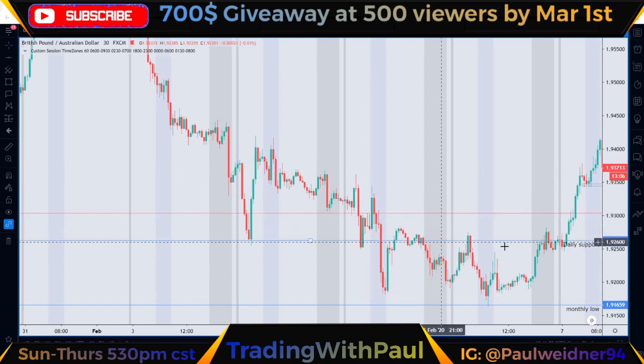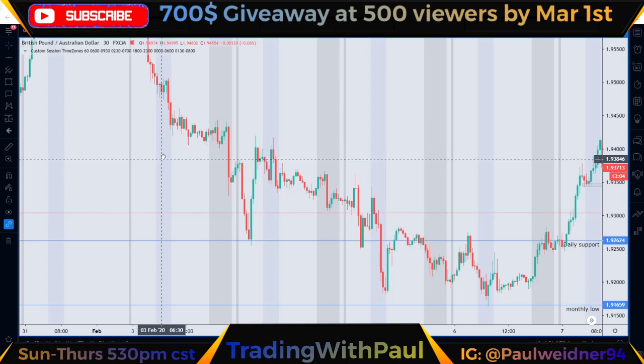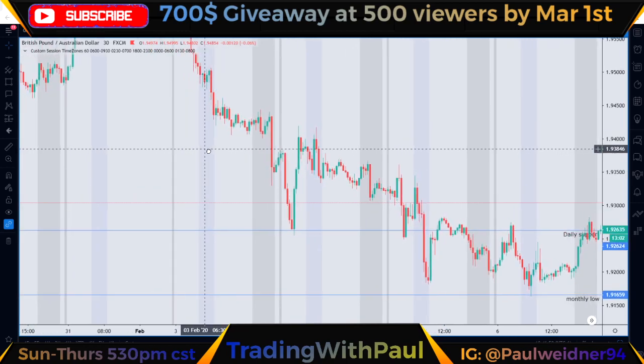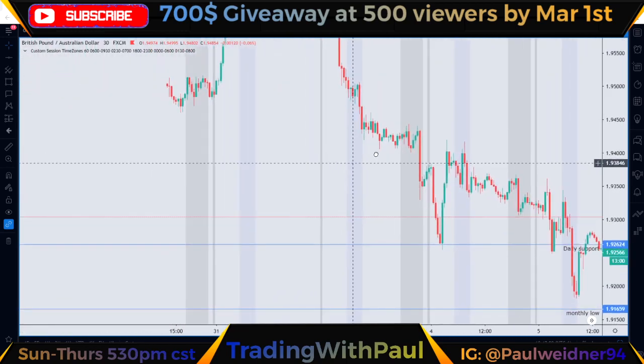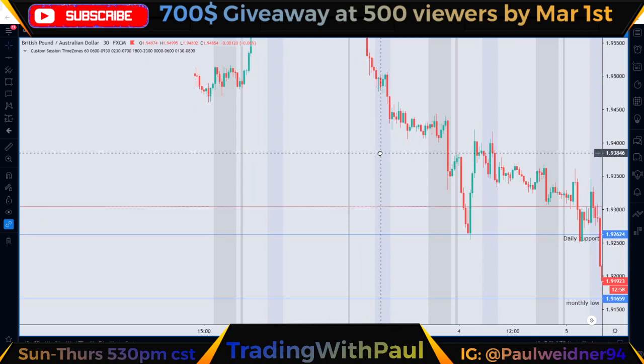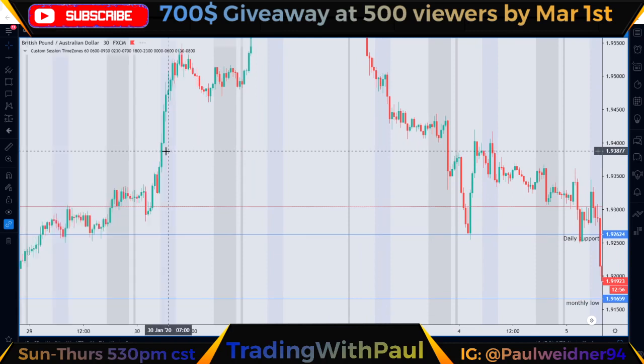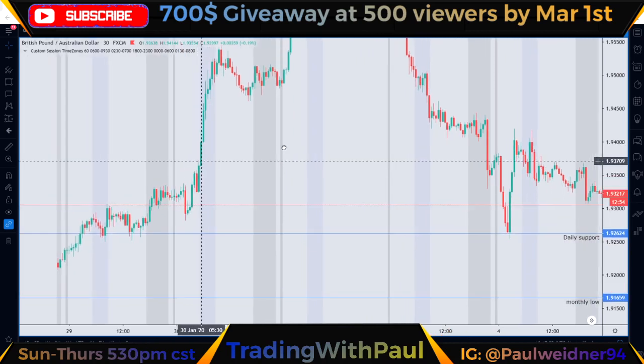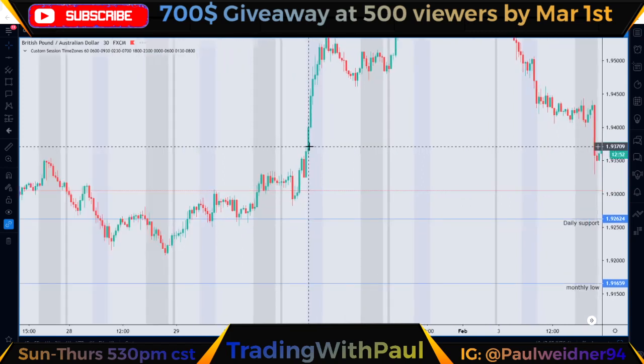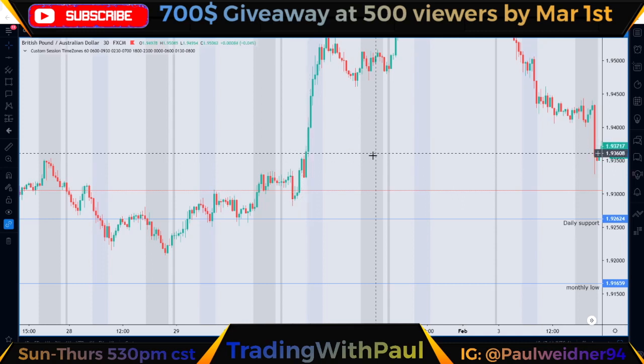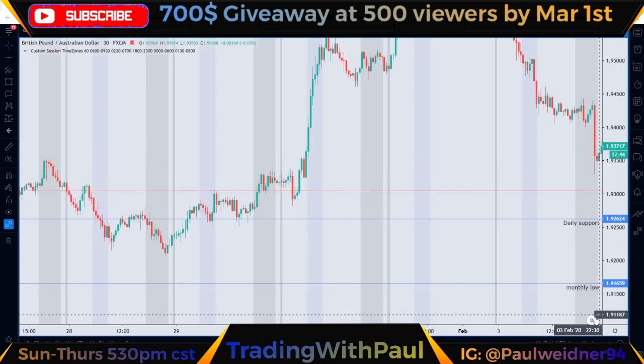Daily support, tapped it a bunch of times. Monthly low only hit about once. Yeah, this is interesting. Once I put the monthly low on, when you transfer that to the weekly and daily, it's like we've broken above that level and now we've retested it.